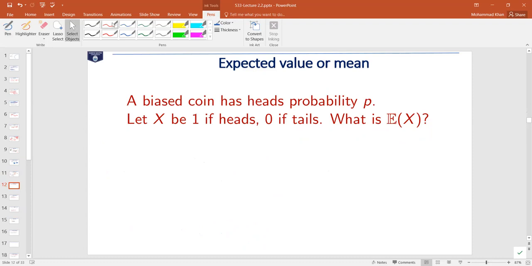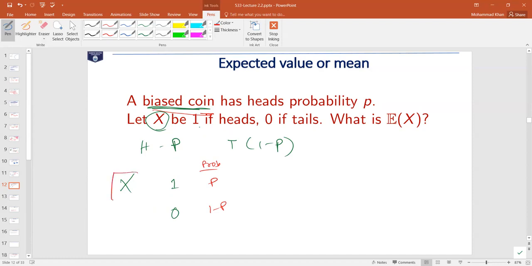Now suppose we do another example. Suppose you have a biased coin. The probability of head is p. So that means the probability of tail will be 1 minus p. Now x is the random variable. It equals 1 if the coin shows up head, and 0 otherwise. So x is 1 with probability p, and 0 with probability 1 minus p.